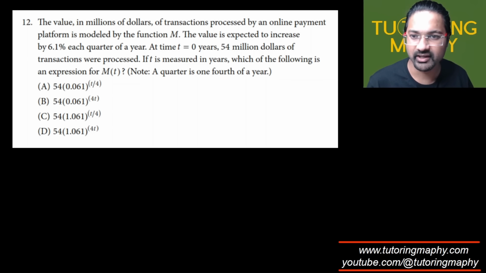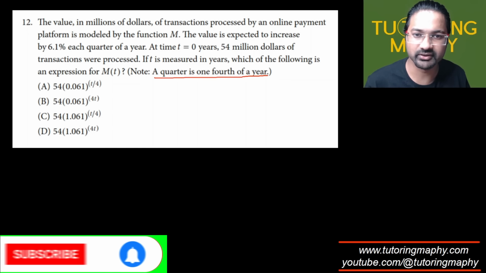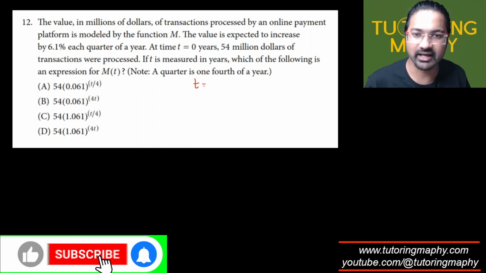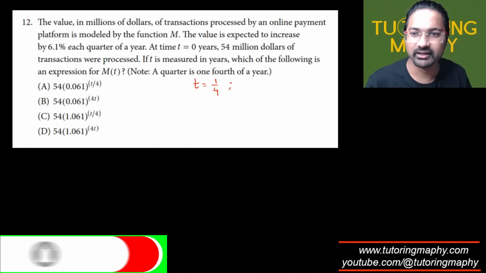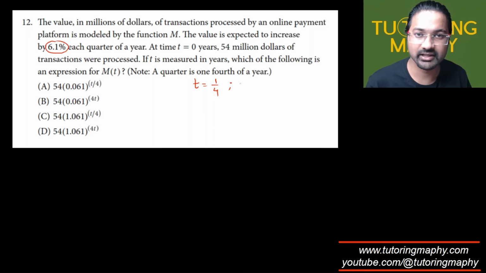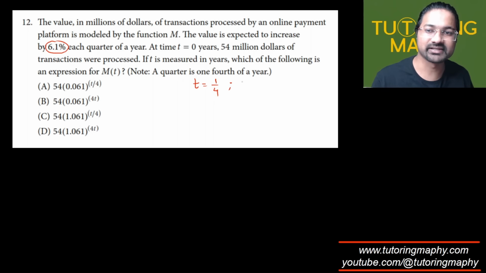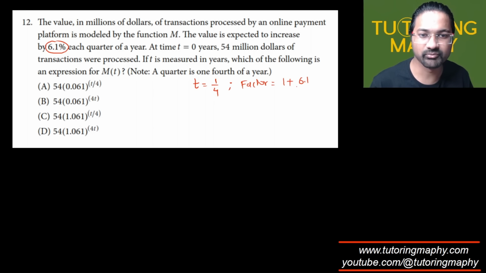What this means is, a quarter is 1/4 of a year. If you put the value of time as 1/4, what will be the increase factor? 6.1% is the increase, so it will increase with a factor of 1 plus 6.1 over 100, which is 1 plus 0.061, which is 1.061.